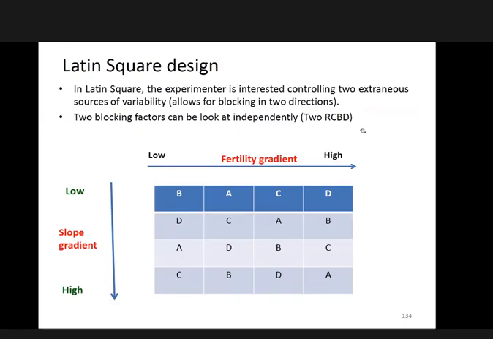So, for example, this is more in the field when you go to plant your crops in the field. You might notice that as you move down the field, there are differences in the slope. Let's say maybe this is the lower part of the slope, and this is the upper part of the slope.